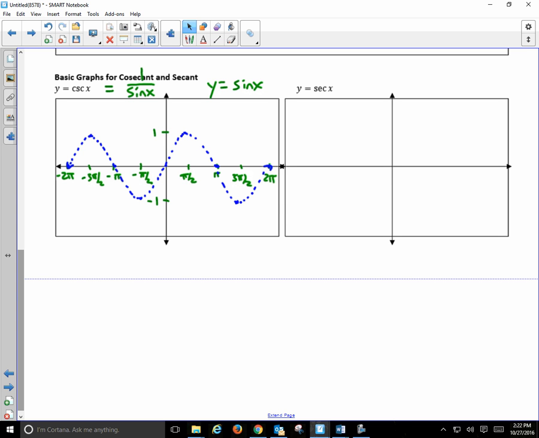That's the graph of sine. That's something we've seen before, right?